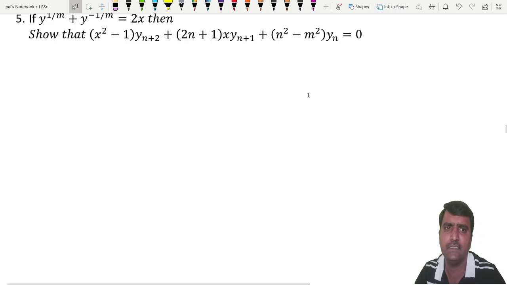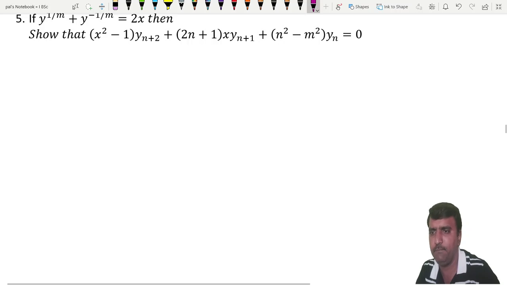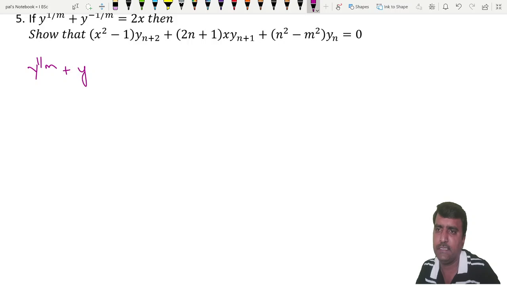To prove this result, first to take the given function, it is y to the power 1 by m plus y to the power minus 1 by m is equal to 2x.